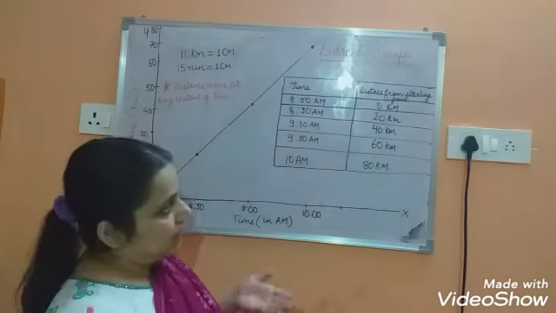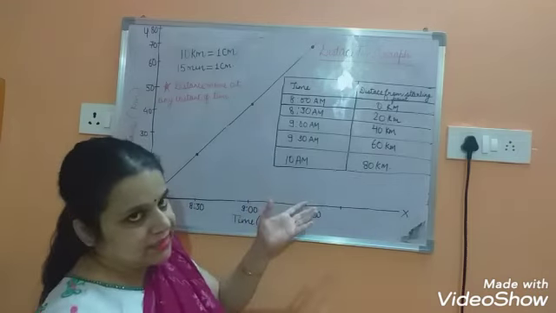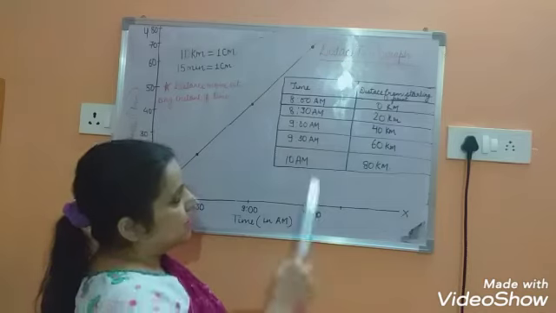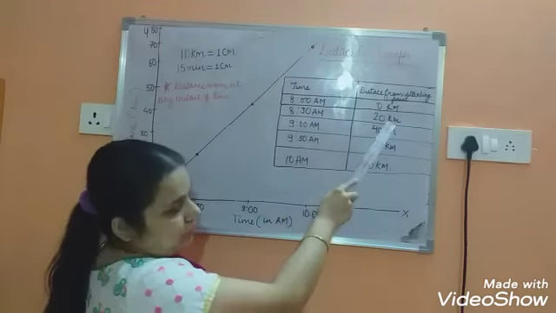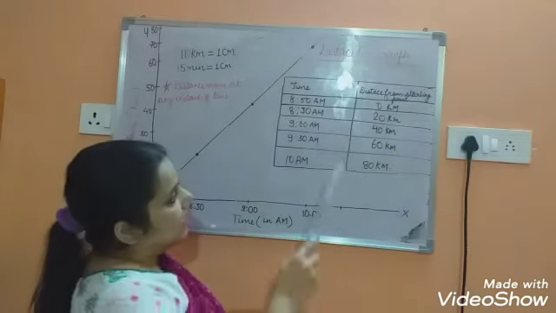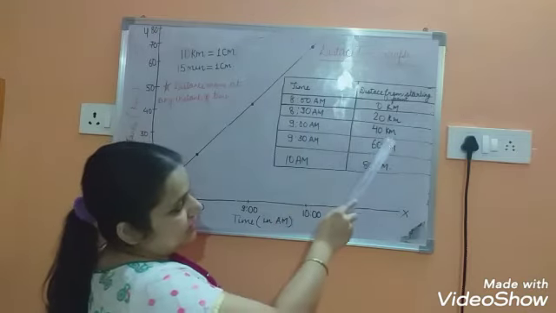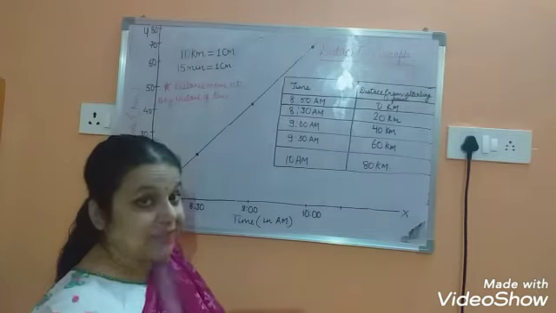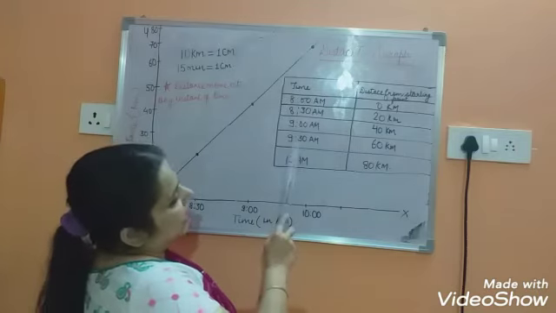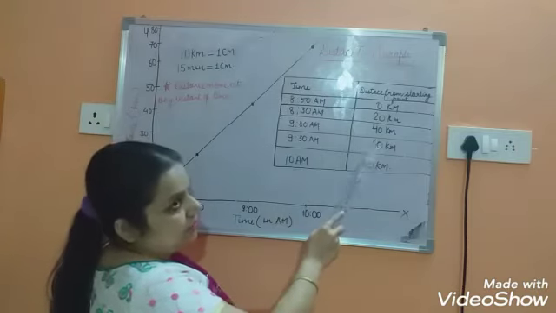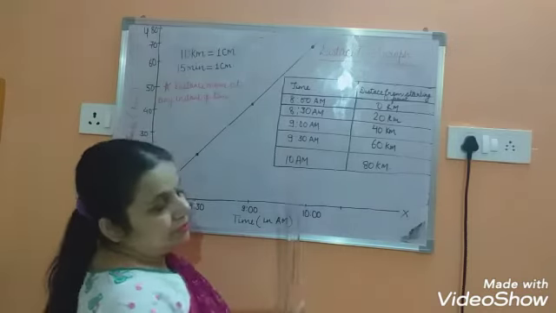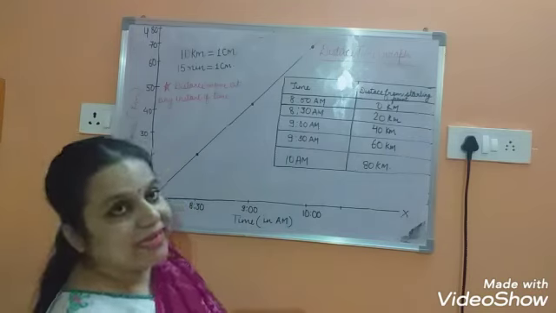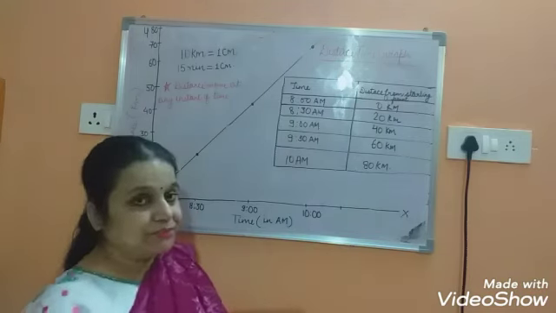That means whatever the object is, that object is at rest. At 8:30 am the distance travelled by that object is 20 kilometers. At 9 am the distance travelled is 40 kilometers from the initial point. At 9:30 am it is 60 kilometers. At 10 am it is 80 kilometers.